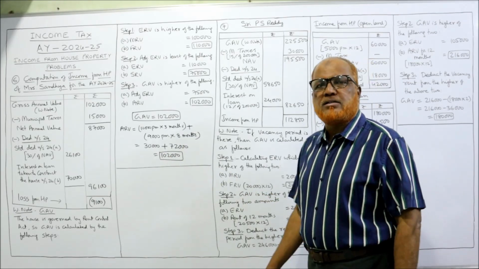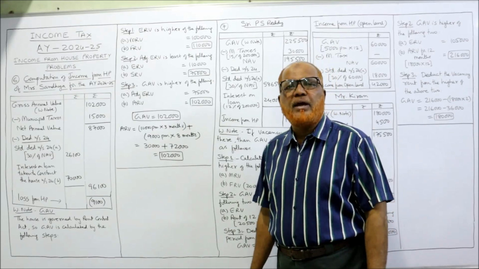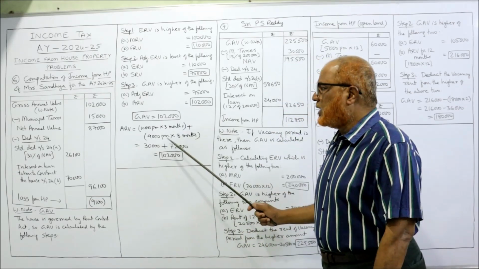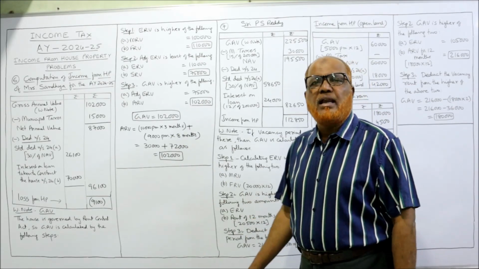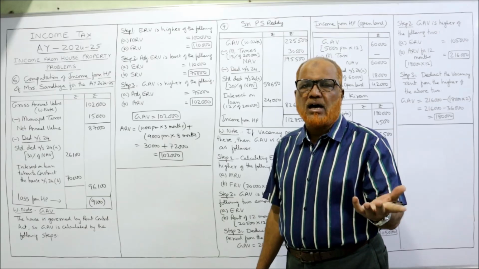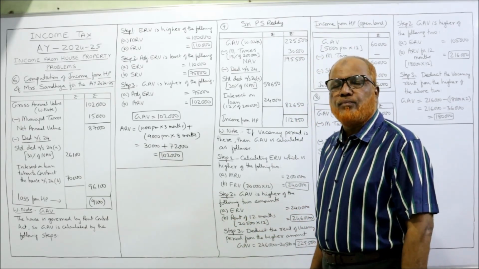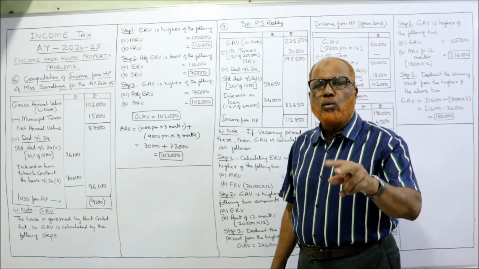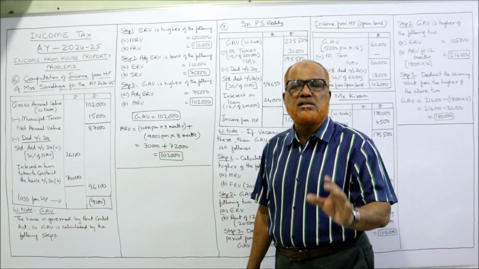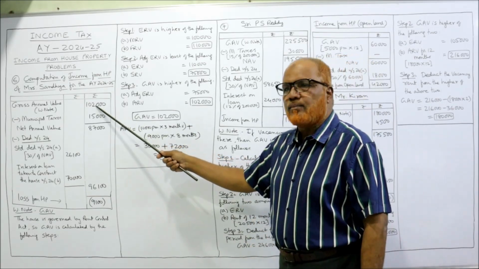Now for the remaining part, that means 8 months, the new tenant was there paying 9,000 per month. So 9,000 per month into 8 months. 8 plus 3 is 11 because 1 month is unrealized. So the total comes to 1,02,000. Whichever is higher, 75,000 or 1,02,000, that is the GAV. So the gross annual value is 1,02,000.